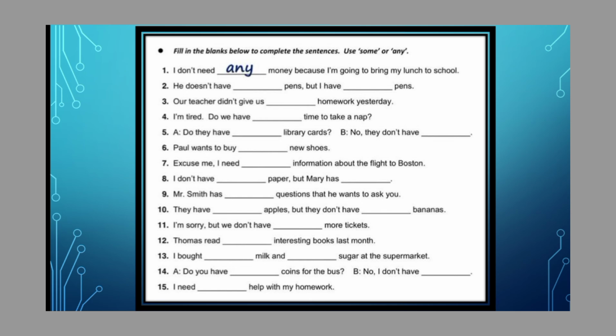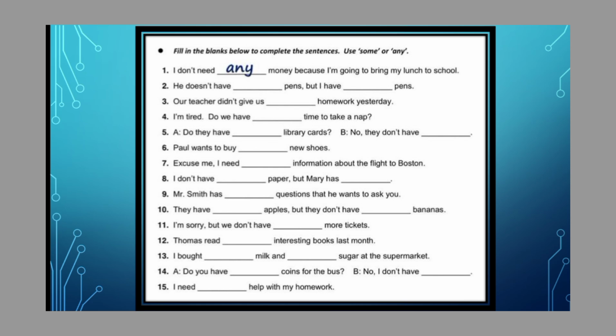I'm tired. Do we have dash time to take a nap? In this sentence there is no not, so it is a positive sentence, so we should use some. Do we have some time to take a nap? This is the correct sentence formation.